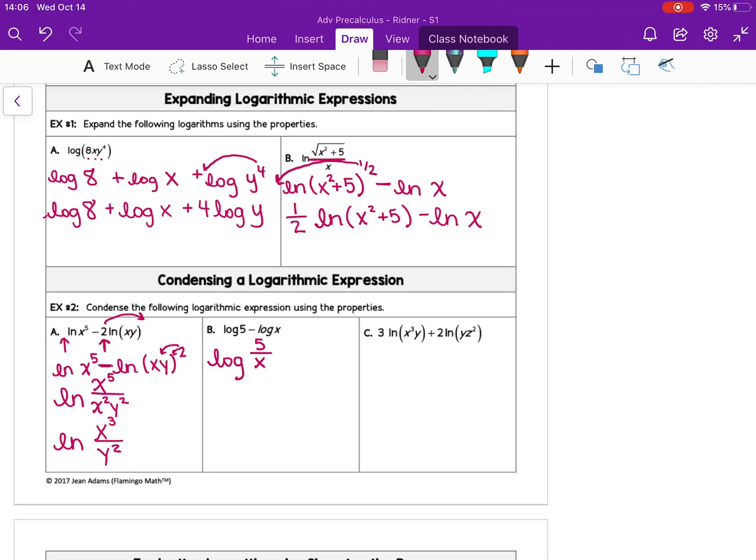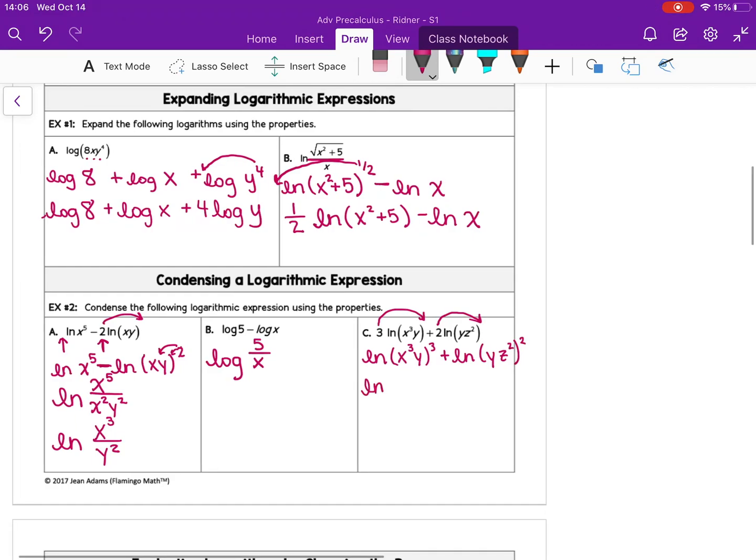All right, here's a lengthier one. It's your last example though, so you can do it. There's a number out front that I'm going to pull up as an exponent, and a number out front I'm going to pull up as an exponent. I might go ahead and simplify a little bit now.